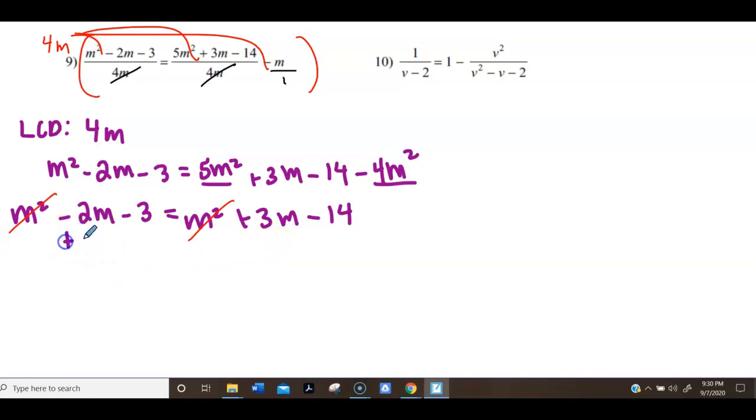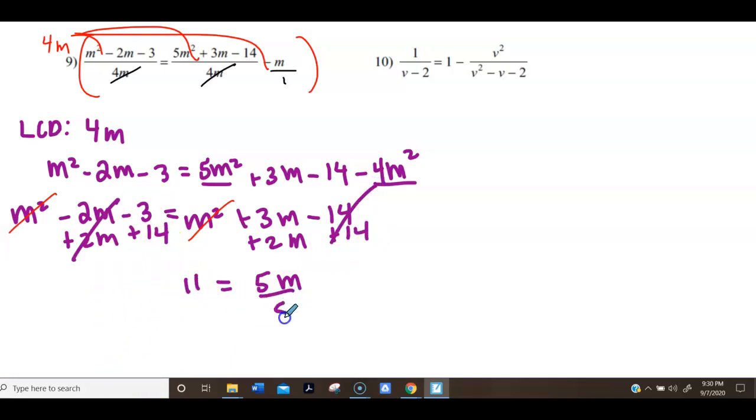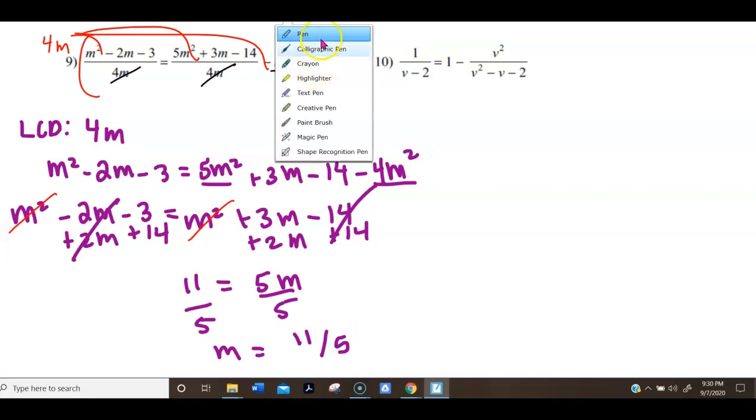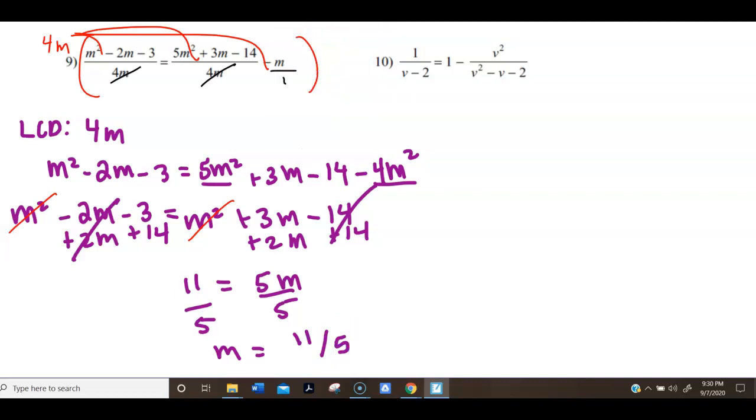I will add the 2m over here because I like to keep my m's positive. So 5m is equal to, and then I'm going to put 14 to the left, so my numbers are together. Those canceled, those canceled. 14 subtract 3 is 11. Divide by 5, and my final answer is m equals 11 fifths. Make sure that that doesn't make the denominator 0, and you're good to go.